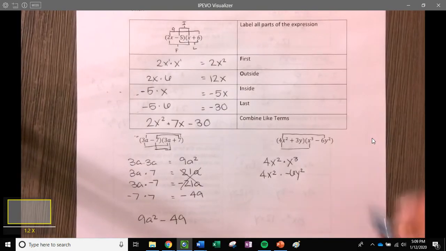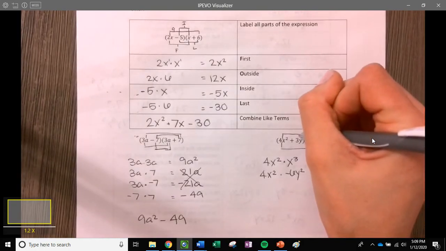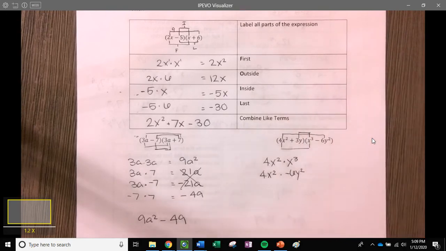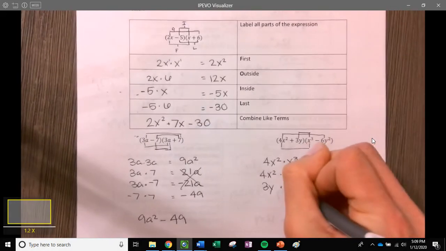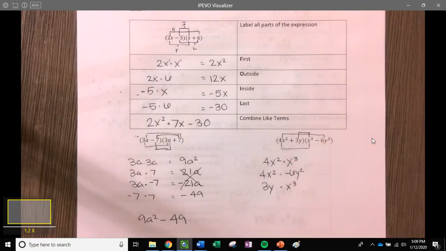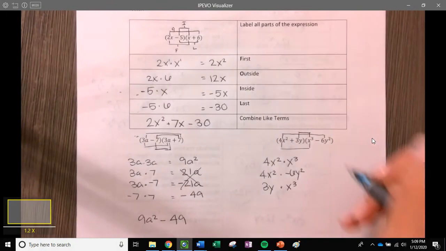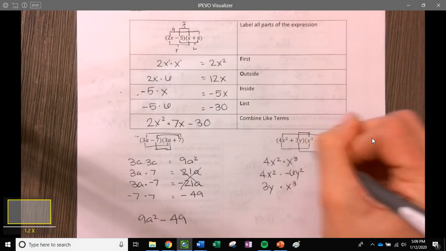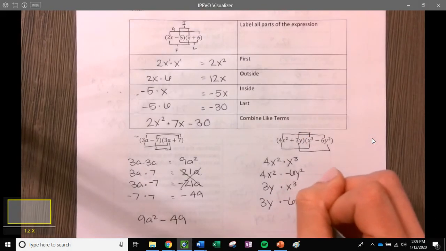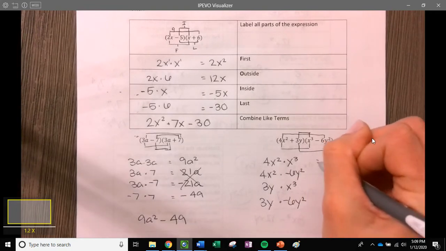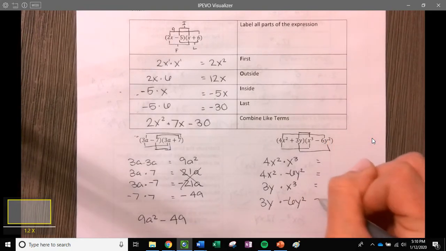All right. My inside terms, 3y and x cubed. Okay, and then my last terms, 3y and negative 6y squared. Okay, let's multiply all these bad boys.